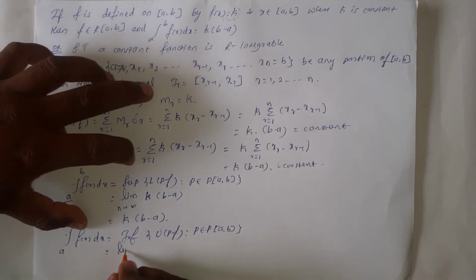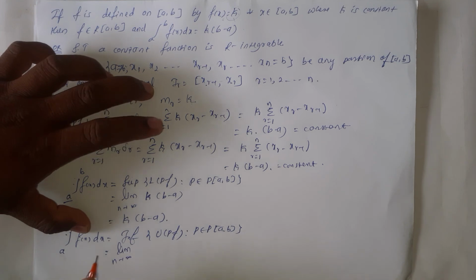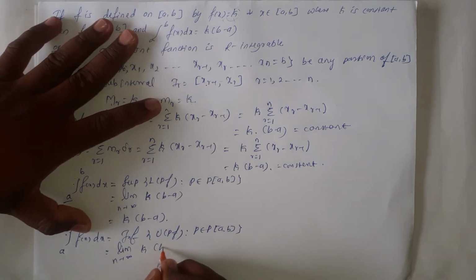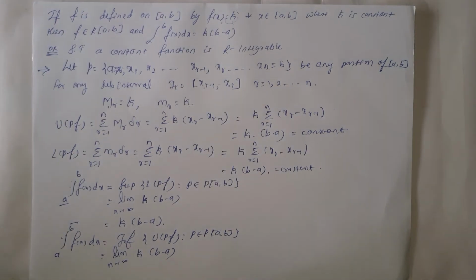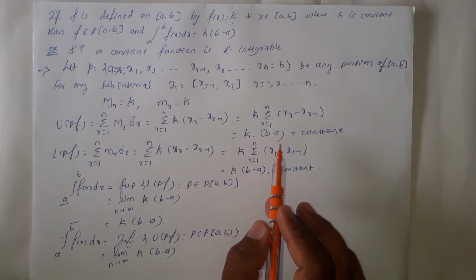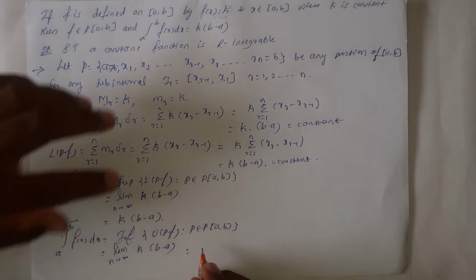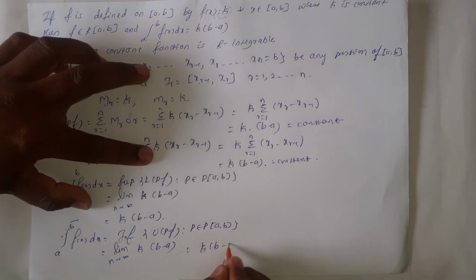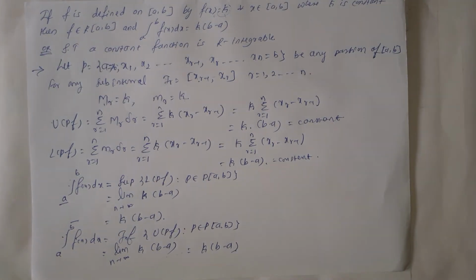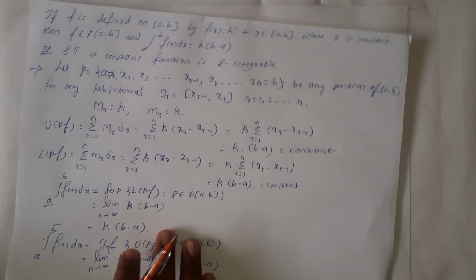Now it is also limit as n tends to infinity. This one is k into b minus a, because that is the UPF, k into b minus a. So therefore it is also a constant, hence its value is k into b minus a. So therefore upper Riemann integral and lower Riemann integral are one and the same.